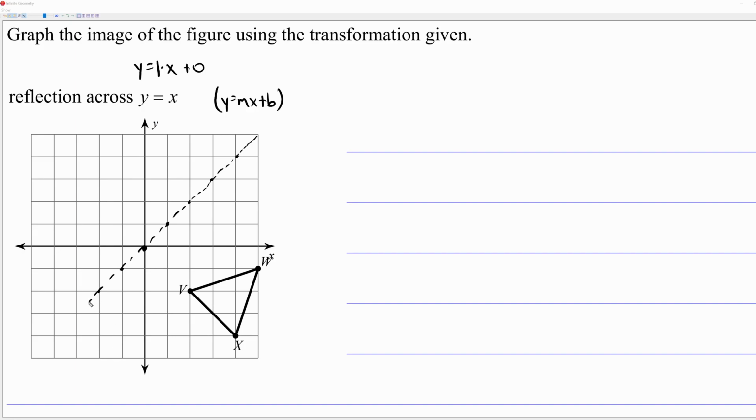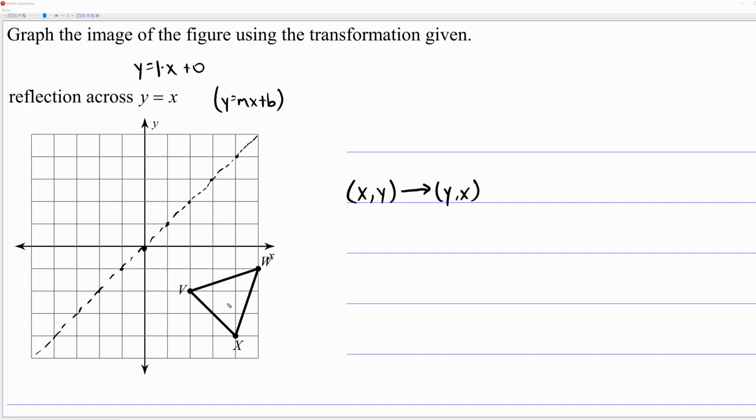Now, without going into all the details of exactly why this is true, take my word for it, when you're reflecting across this line, any point, call it x y, will get reflected to the point y comma x. And I think you'll see why that's true when we start graphing.